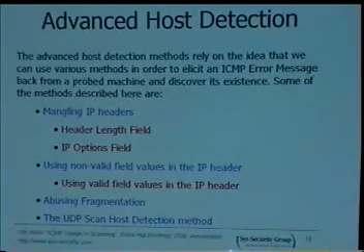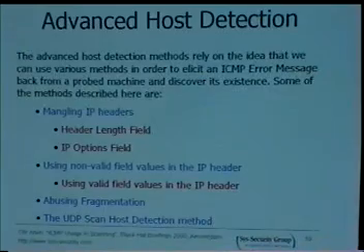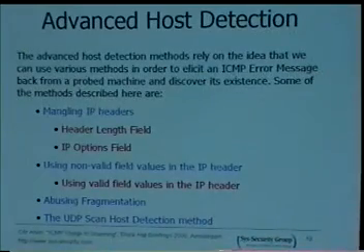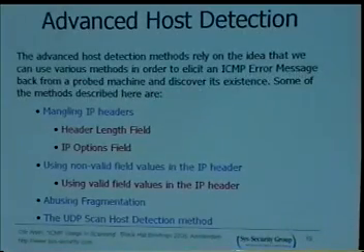But the most fun I get from using host detection with ICMP is using the advanced methods. Advanced methods are used for eliciting an ICMP error message back from a probed machine and discovering its existence. This means that we are using the ability of the system to send ICMP error messages back to us, reporting a problem, to understand its existence.